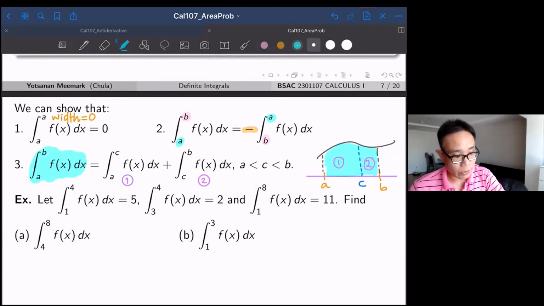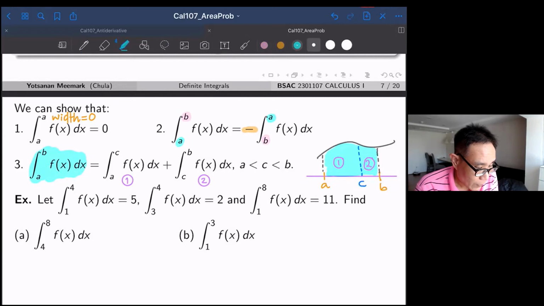So the integral from a to b of f(x) dx equals the integral from a to c of f(x) dx plus the integral from c to b of f(x) dx, where c is lying between a and b.